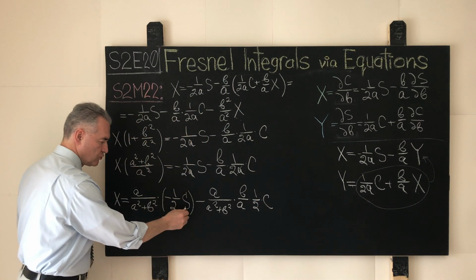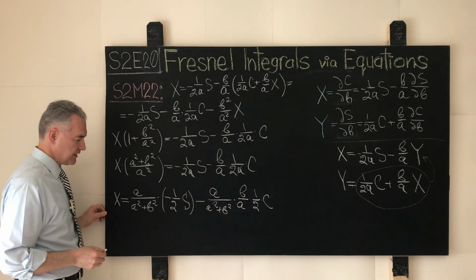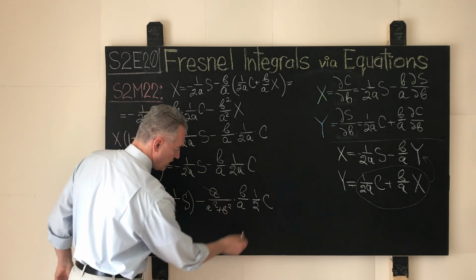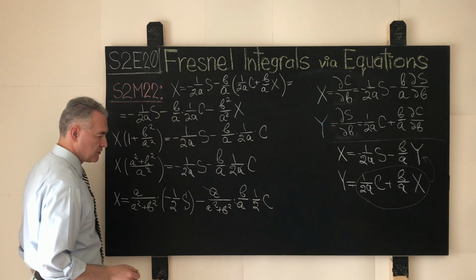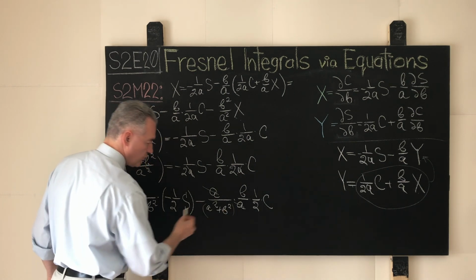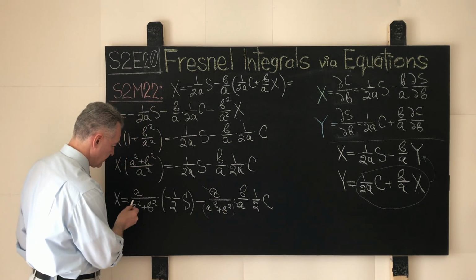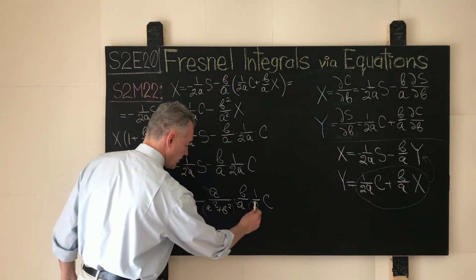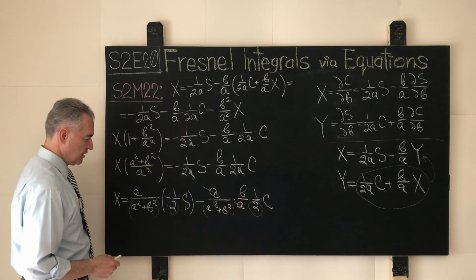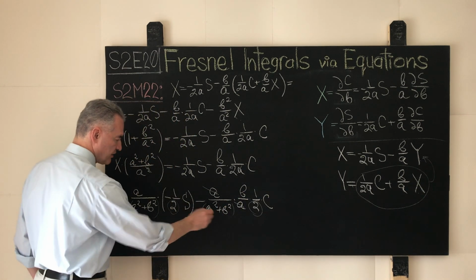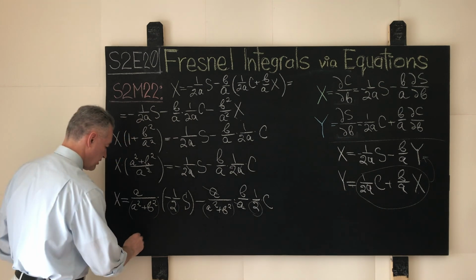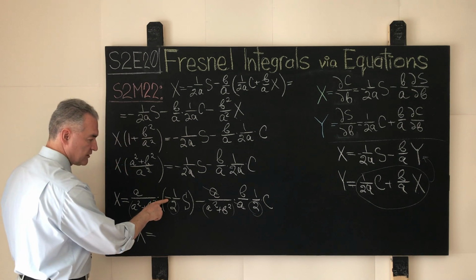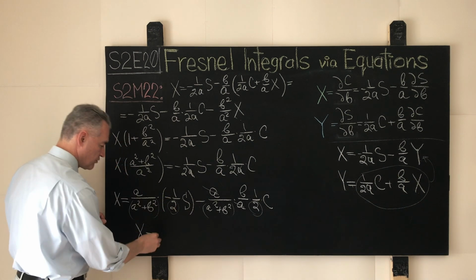You see, no need to get fancy or complicated, quite straightforward middle school arithmetic. This copy of a and this copy of a cancel out, and what do we have? We have one and the same a squared plus b squared here and here. We have one and the same 1/2 and 1/2 over here. Isn't that wonderful? So now we bring everything back again under one denominator, and what do we have? X is equal to negative sign, and the negative sign can be carried out of the whole thing.